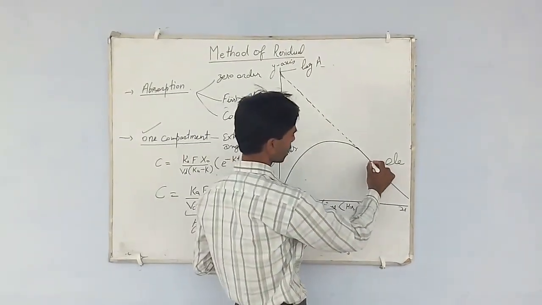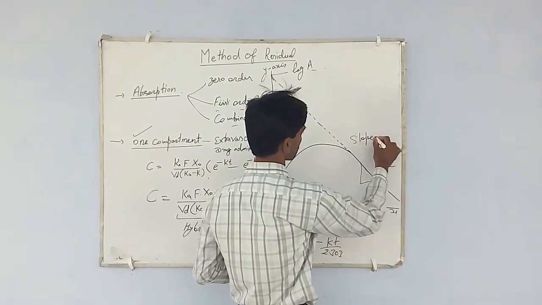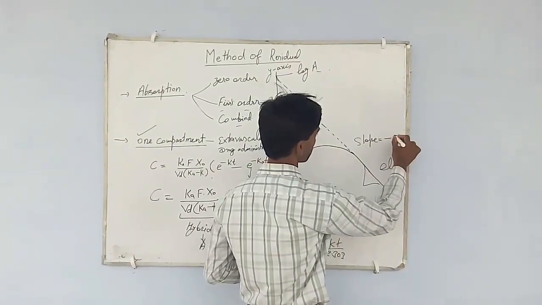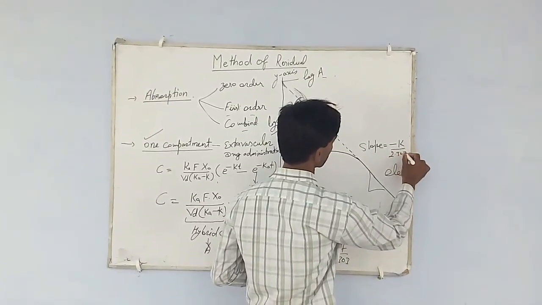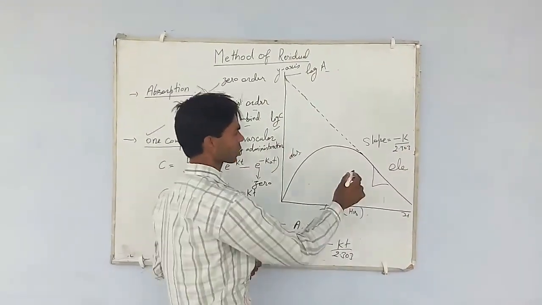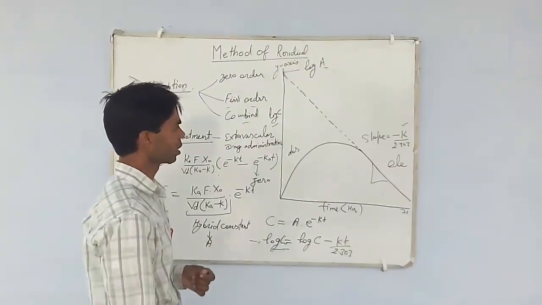From this elimination phase, we determine the slope, which is equal to minus K divided by 2.303. From this slope, we can determine the elimination rate constant.